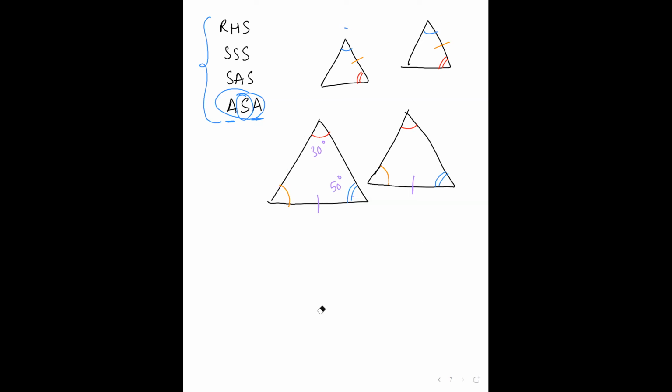So this is 100 and this is 100. Now you don't need the third angle, the one that was given on top. Now do you have the ASA rule? Yes, now we have the ASA rule. Angle, side, and angle. Got it?